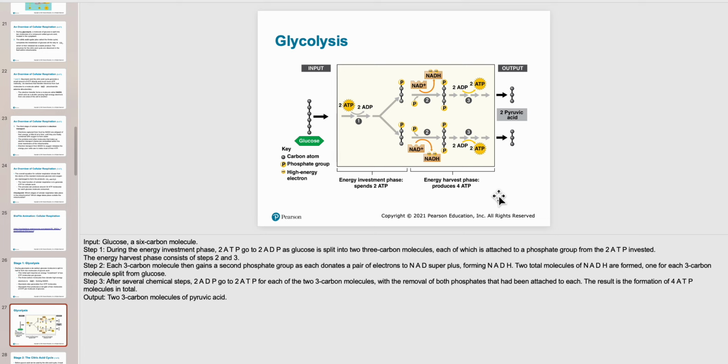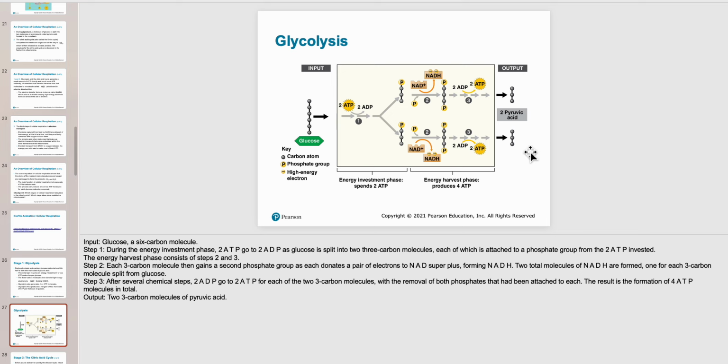So that's why I said earlier, how many ATPs come from glycolysis? Only 2 ATPs. Yes, we put 2 in, but we got 4 out, so the net is only 2 ATPs. So we have only 2 ATPs overall from this process. And yes, we're making 2 pyruvic acids. 1 at the top, 3 carbons, 1 at the bottom, 3 carbons.